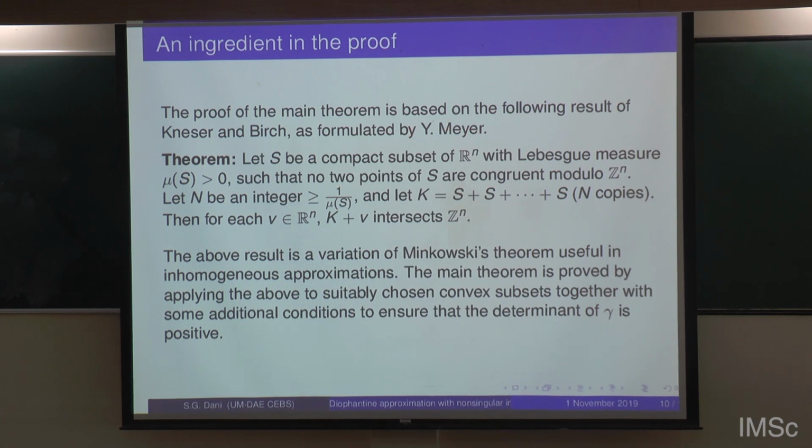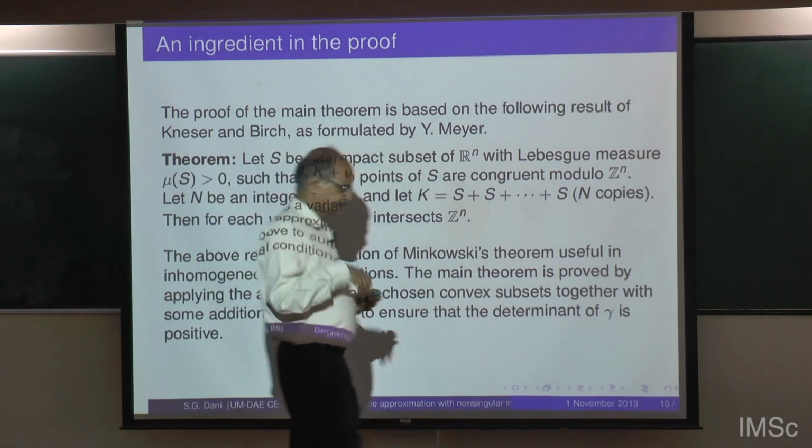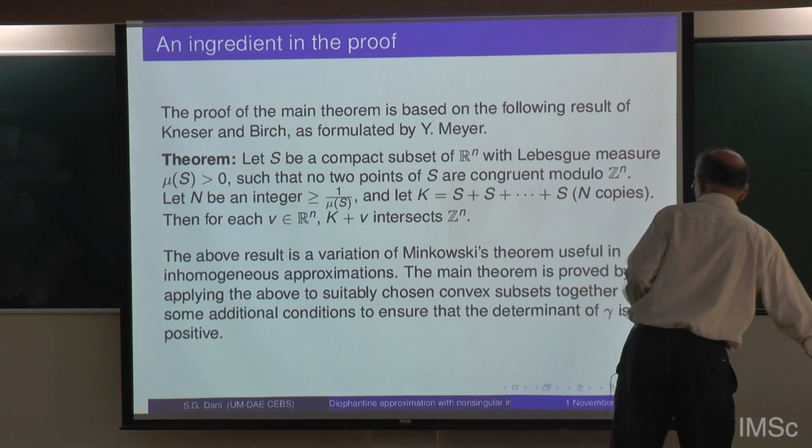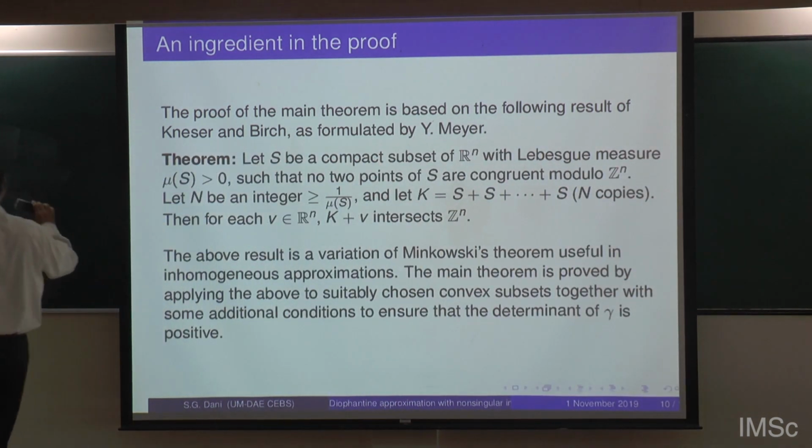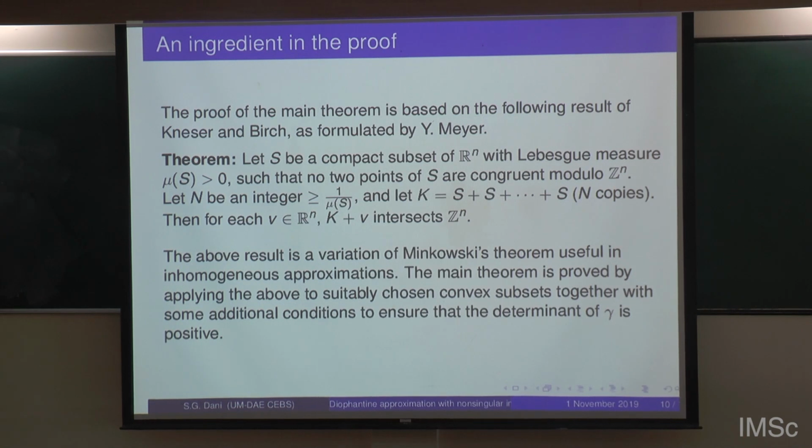There is a very well-known book of Meyer on algebraic numbers and harmonic analysis, and this is a result reported there, which doesn't seem to be as well known as it should be. I think it deserves to be much better known. This is a variation on the classical Minkowski theorem in geometry of numbers.